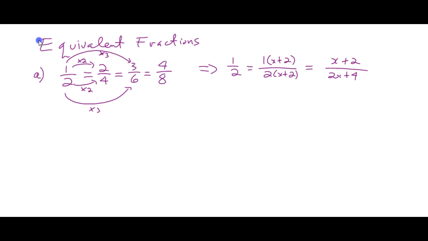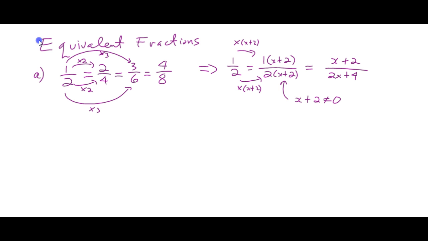And if I did that, it would also have a non-permissible value. I can multiply the top and the bottom by x plus 2. That's what's going on: times x plus 2, times x plus 2.